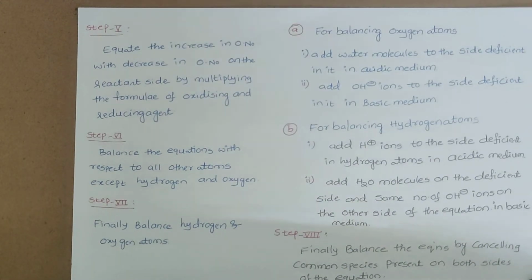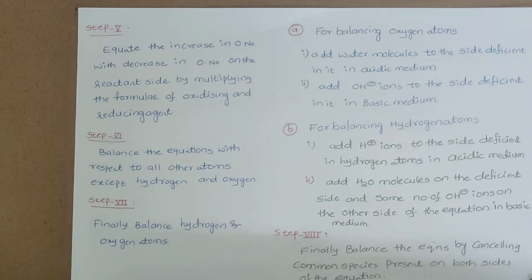After balancing the oxygen and hydrogen atoms, cancel any common species present on both the right hand side and left hand side. Finally, we get a balanced equation after cancelling these common species. In this way, we balance the redox reaction by using the oxidation number method.